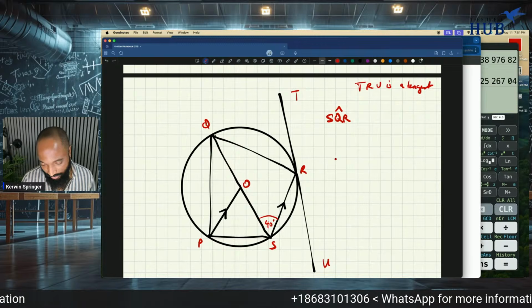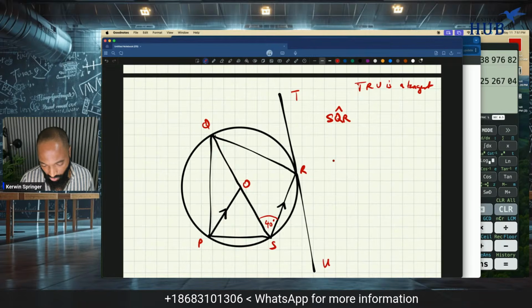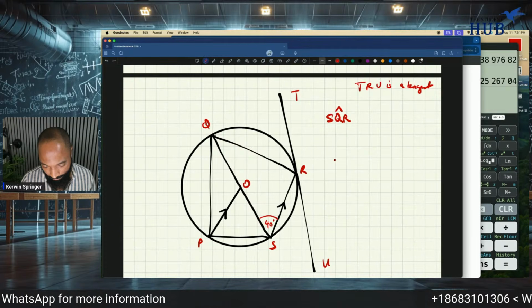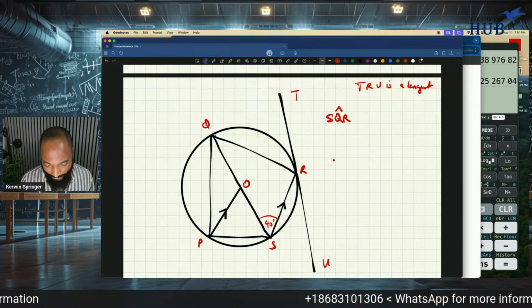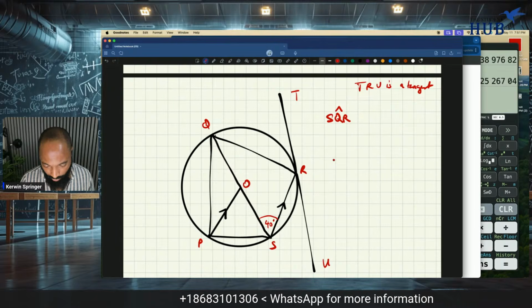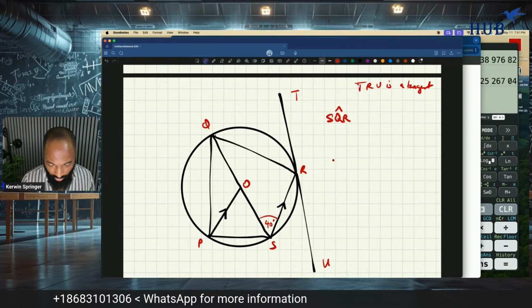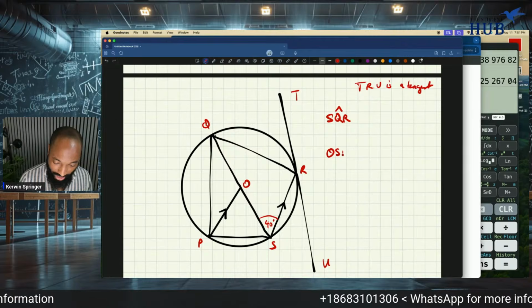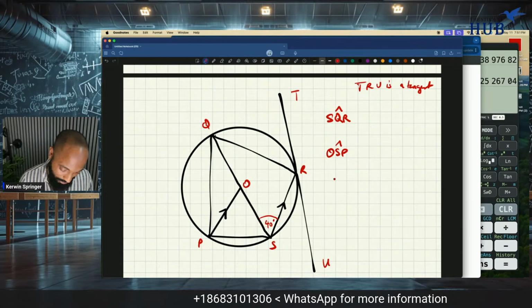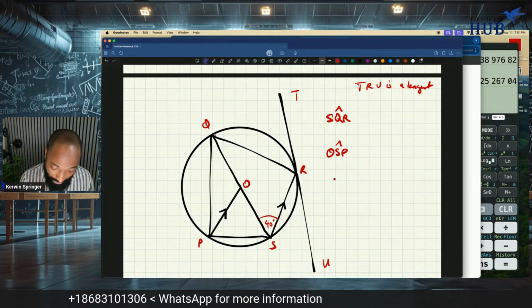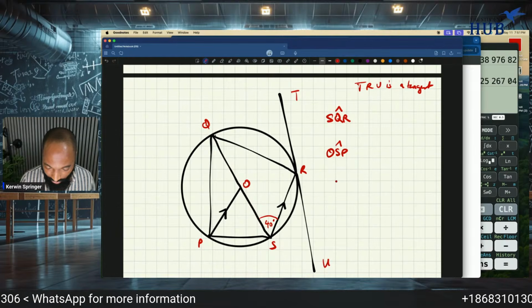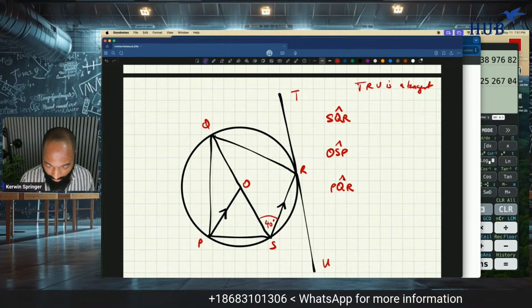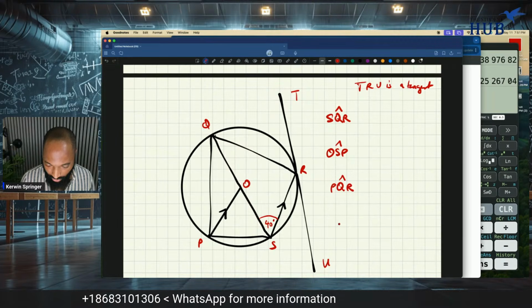Then OSP. This is a real good question. Then the value of PQR, and then the value of QRT.